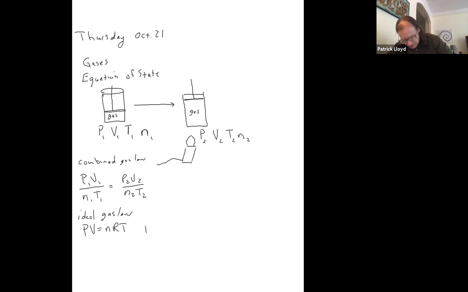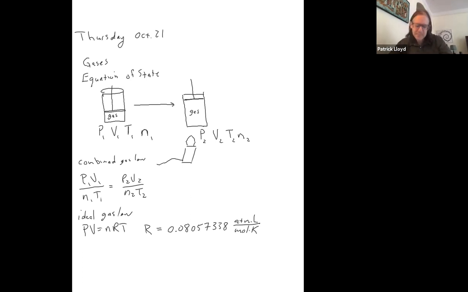R is a constant, which is called the universal gas constant. 2057338, I think is what I said yesterday, if we went out that many decimal points, and it has a lot of units in it. Okay, so that's called the ideal gas law.